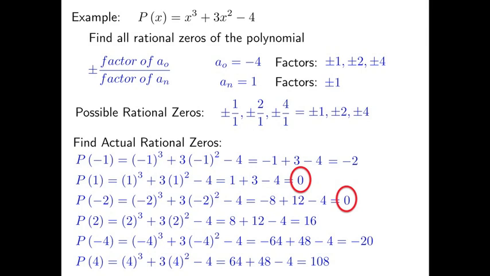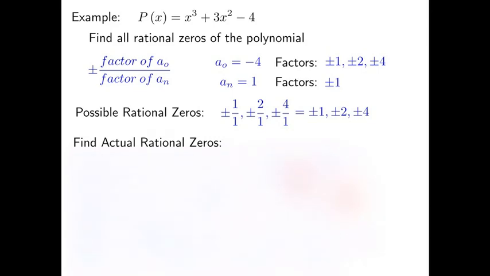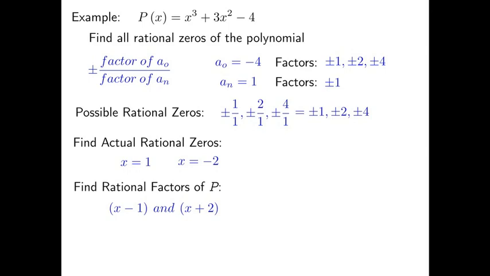These are our rational zeros of this polynomial. Now, to find factors from our zeros, we get these terms, x minus 1 and x plus 2. These must be factors of our polynomial p.